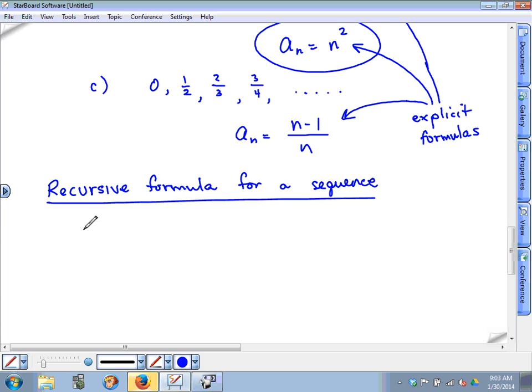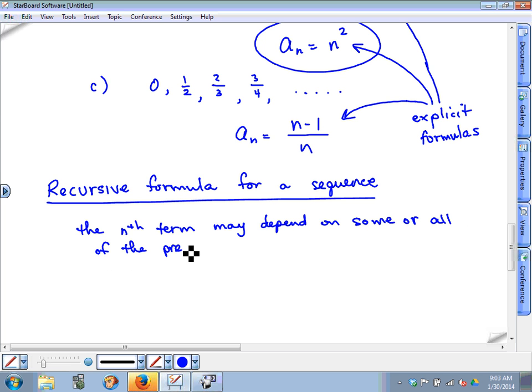Okay? The nth term may depend on some or all of the previous terms.